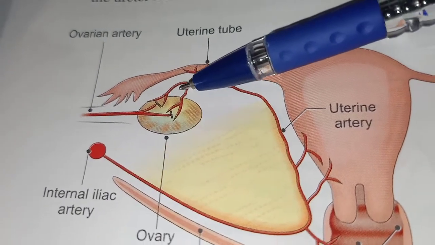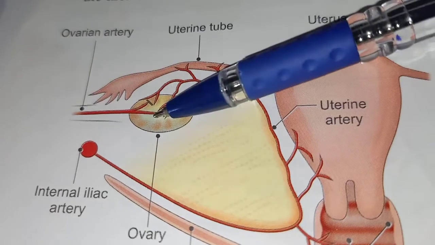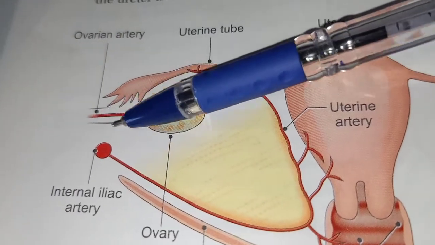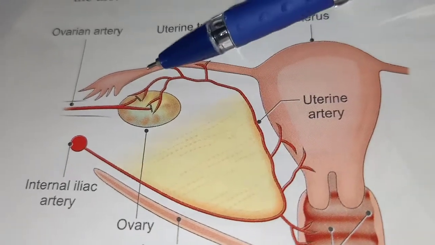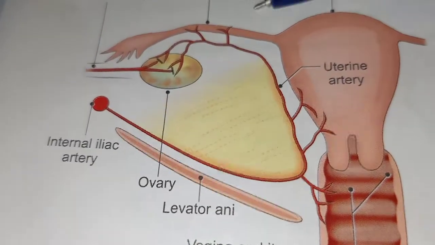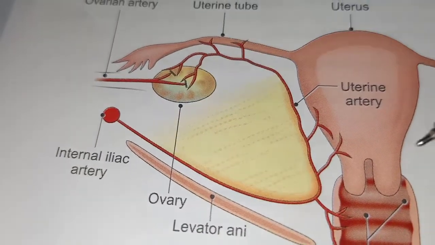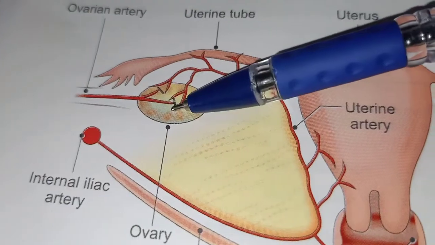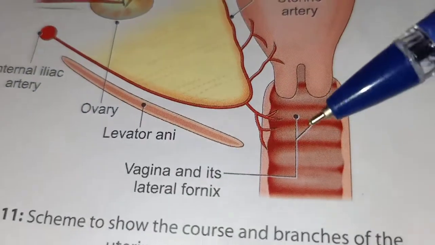It enters the mesovarium to reach the hilum of the ovary, where it anastomoses with the ovarian artery. So as it passes from lateral to medial and then laterally, it is supplying the uterus, uterine tubes, ovaries, the urinary bladder, the terminal part of the ureters, and also the vagina.